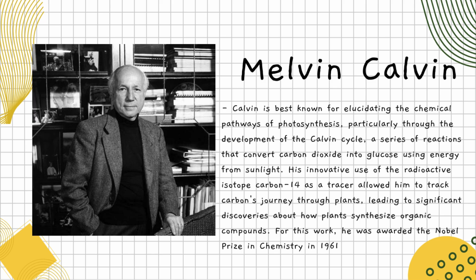His innovative use of the radioactive isotope carbon-14 as a tracer allowed him to track carbon's journey through plants, leading to significant discoveries about how plants synthesize organic compounds. For this work, he was awarded the Nobel Prize in Chemistry in 1961.